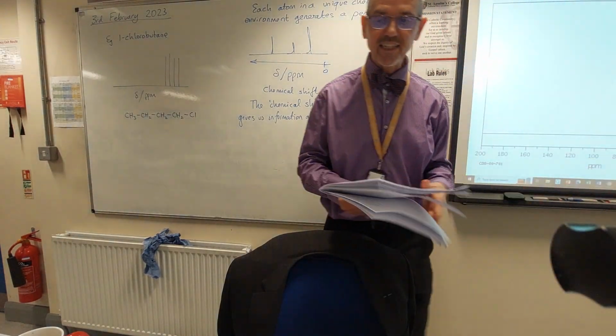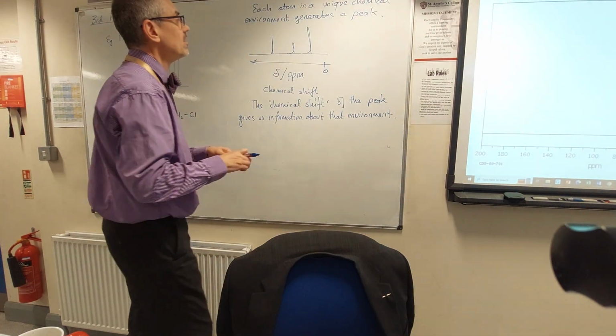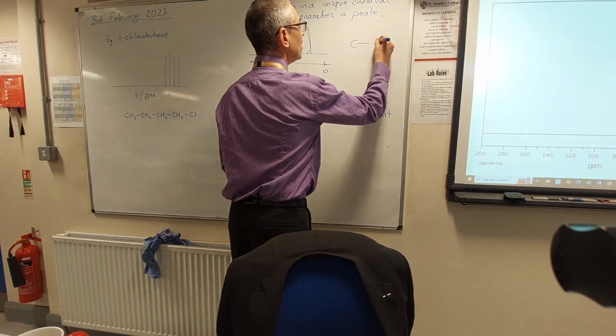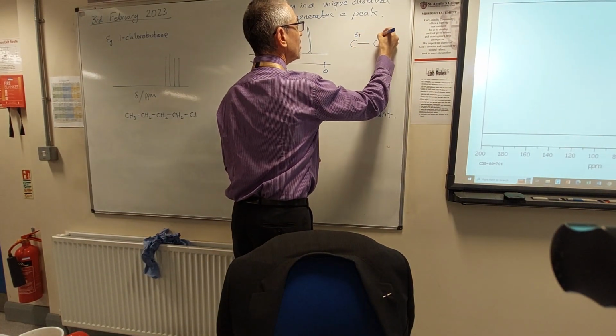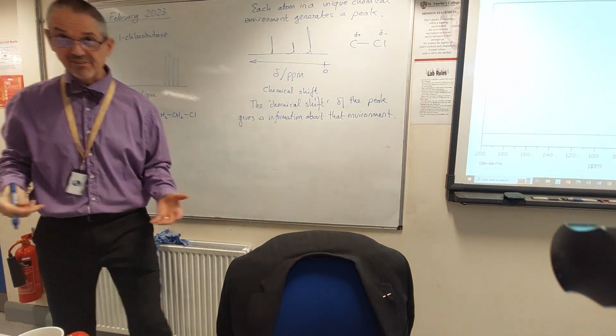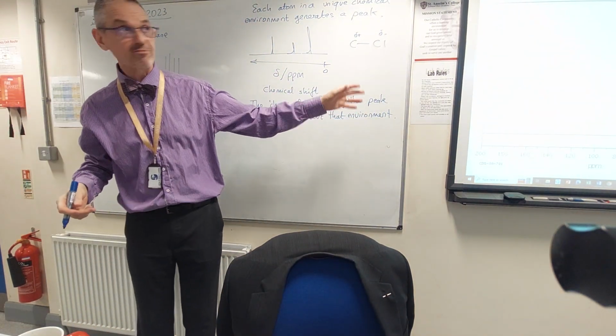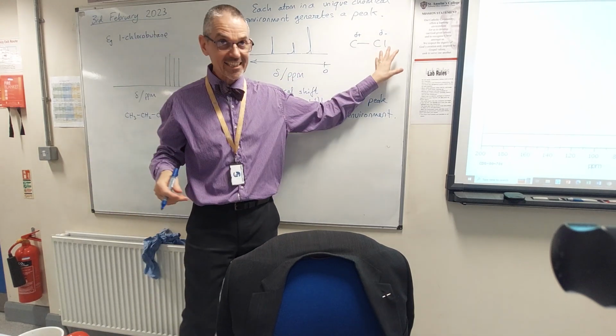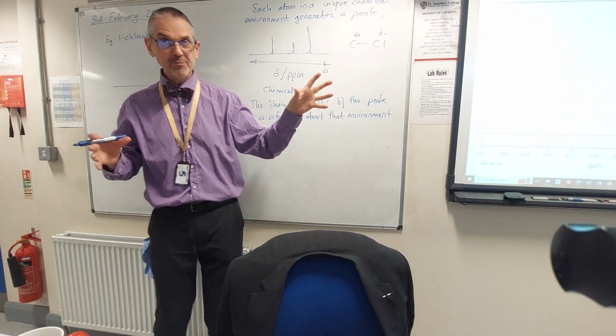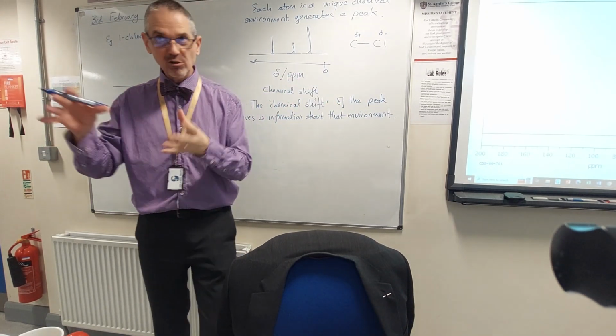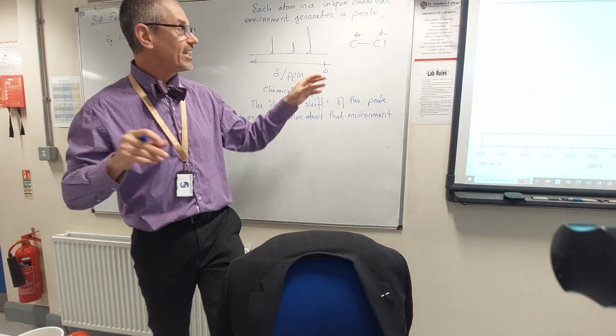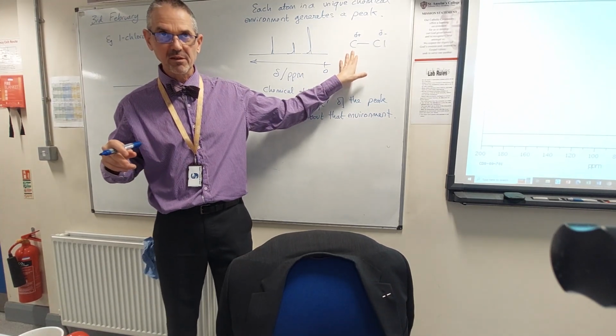And the reason it's shifted is because, as I'm sure you know, chlorine's an electronegative atom and it withdraws electron density from around the carbon, and taking that electron density away changes the field intensity around that particular carbon.